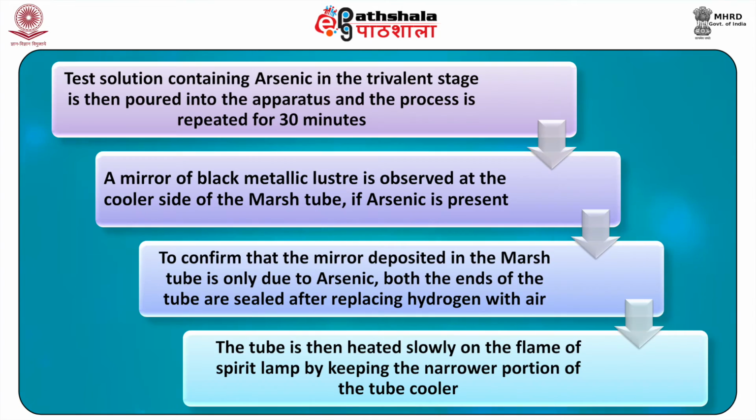The test solution containing arsenic in the trivalent state is then poured into the apparatus and the process is repeated for 30 minutes. A mirror of black metallic luster is observed at the cooler side of the Marsh tube if arsenic is present.